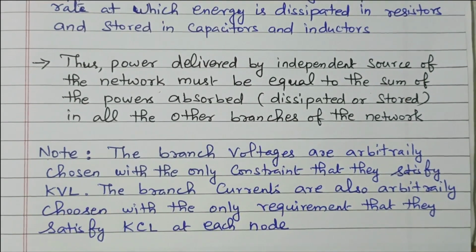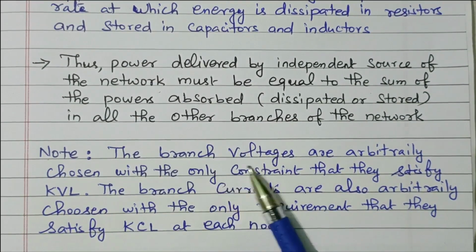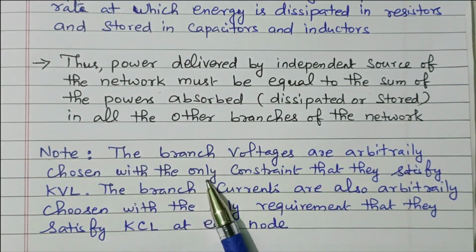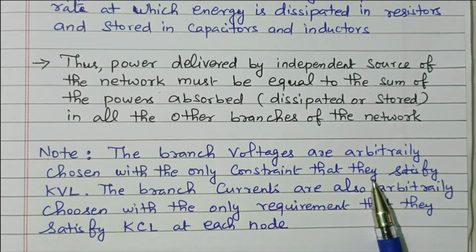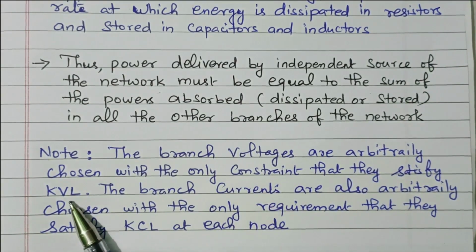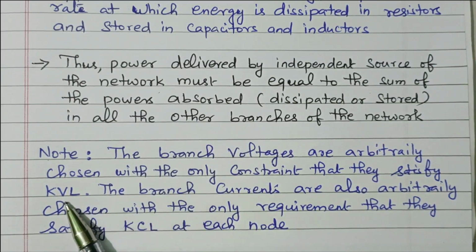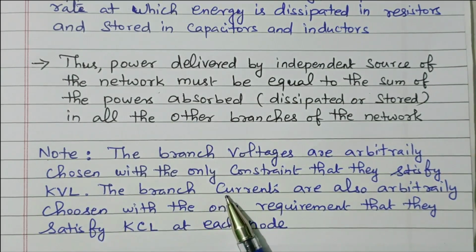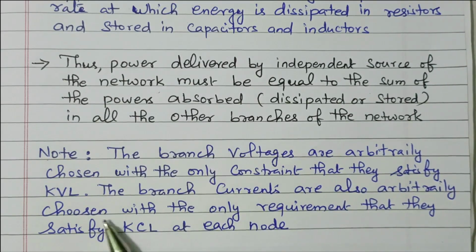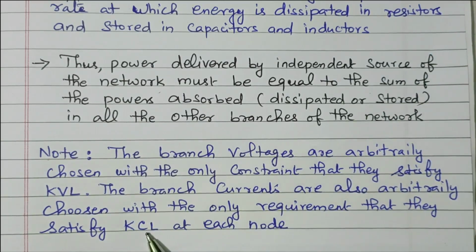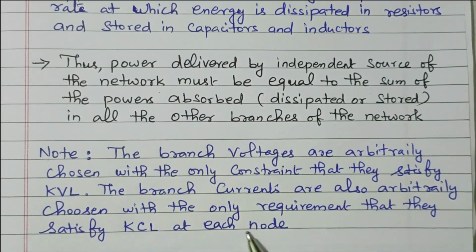One important note: the branch voltages are arbitrarily chosen with the only constraint that they satisfy KVL, Kirchhoff's voltage law. So the net power in all the branches is 0. The branch currents are also arbitrarily chosen with the only requirement that they satisfy KCL, Kirchhoff's current law at each node.